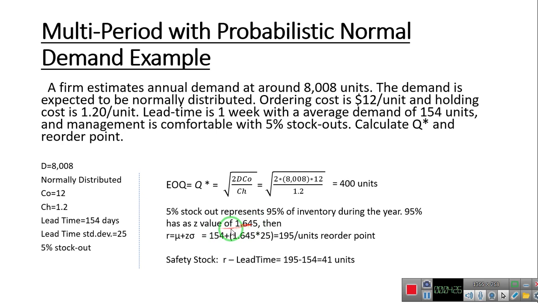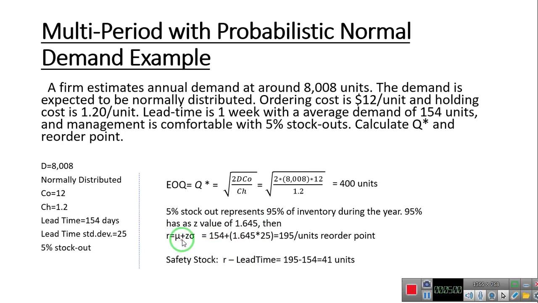So that's your Z, 1.645. That is related to a 5% stockout probability, the opposite of 95%. So 95% of the time you are going to have inventory, 5% you're not. You can use it depending on how comfortable you are with Z values.